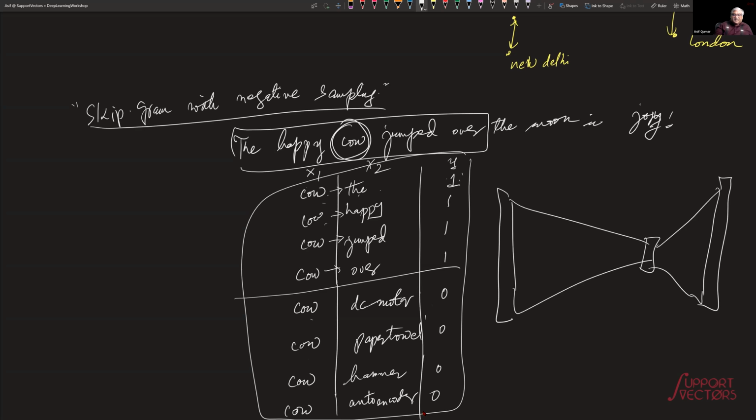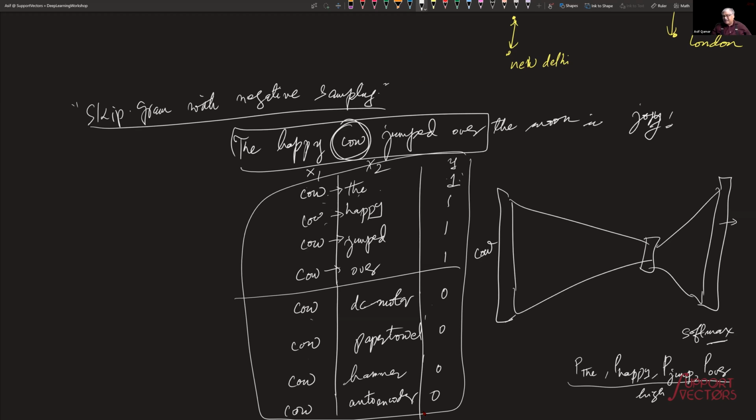So what you do is you feed in only the word cow, and then you let the results come out. You'll get these probabilities, right? Softmax. And what you want to do is make sure that the probability of happy, probability of jumped, probability of over, these are high.